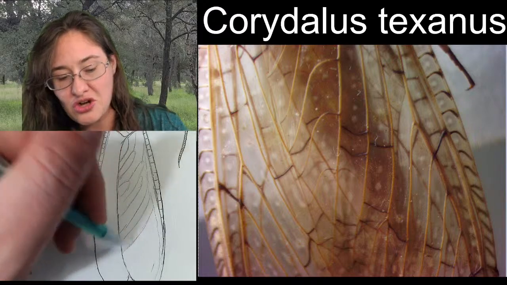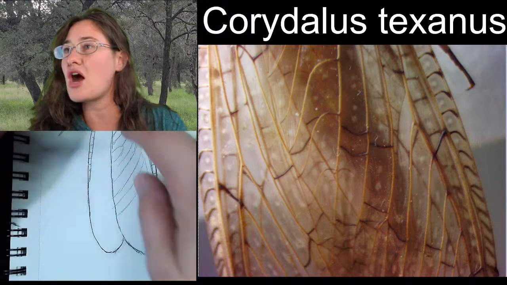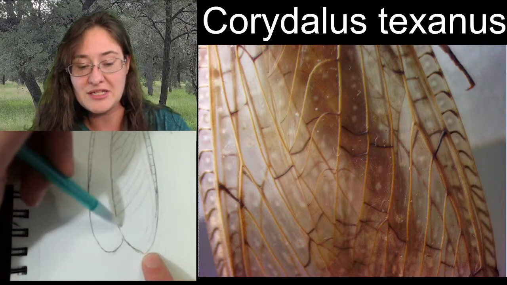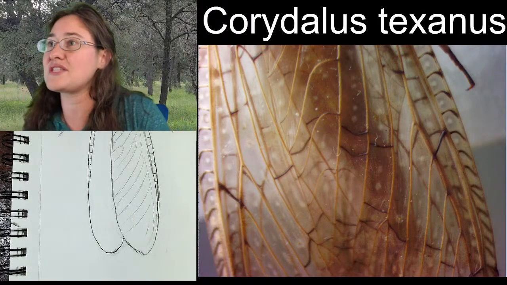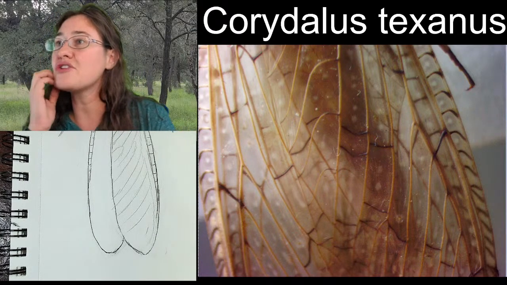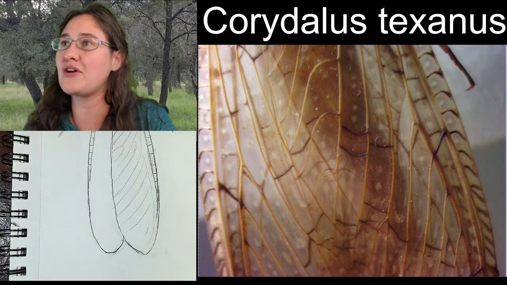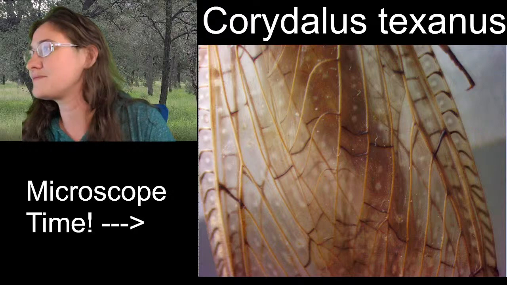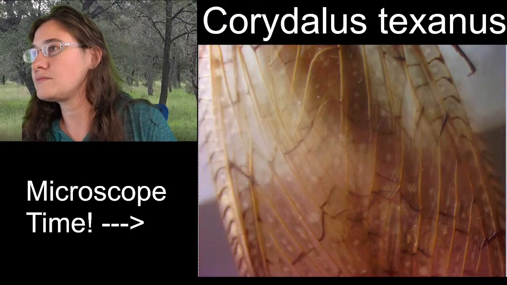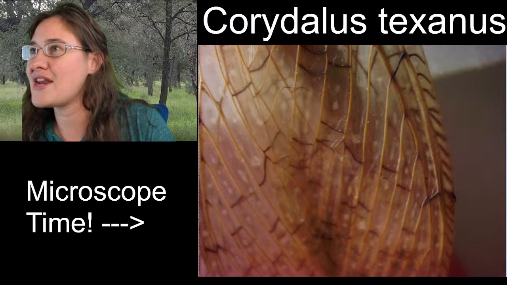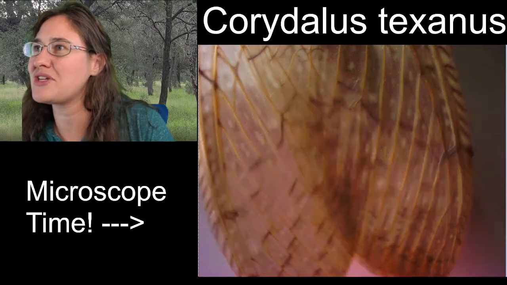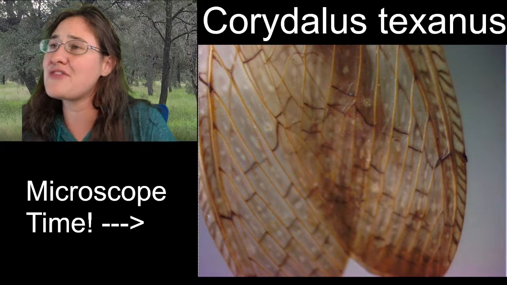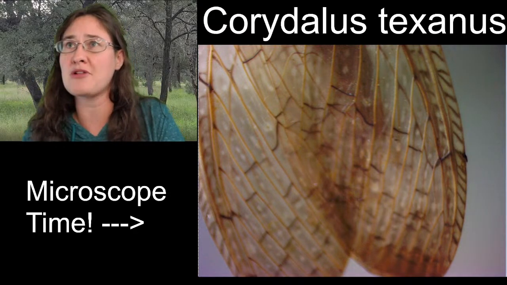But I can show you that a lot of these veins are kind of just angling down and towards the center, especially when you get to the bottom of the wing vein. You can see right here in this region, there are also more than one spot per cell now. If you look at those cells, some of those have a double spot. And then if we get all the way to the bottom, you can see that texturing continues, but the cells get smaller and smaller and smaller.